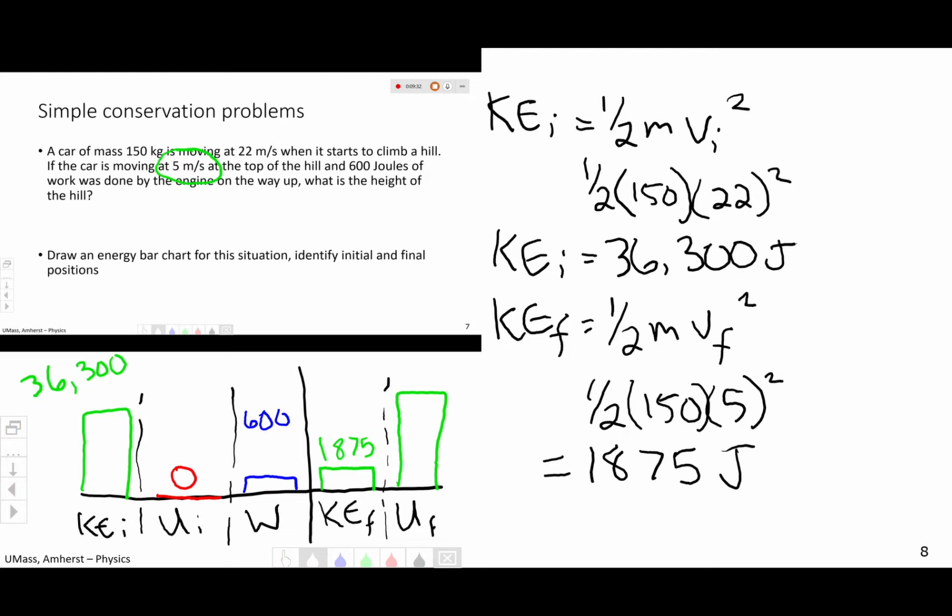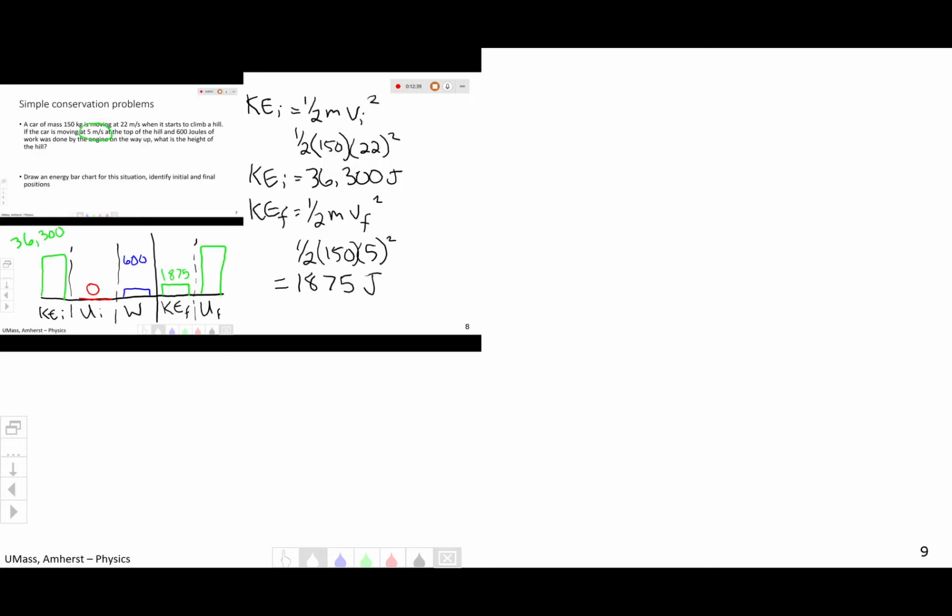All right. So what are we going to do? Well, we're going to figure out the totals. So the total on the left-hand side is going to be 36,300 plus the 600 joules of work done. So that's 36,900 joules on the left-hand side.